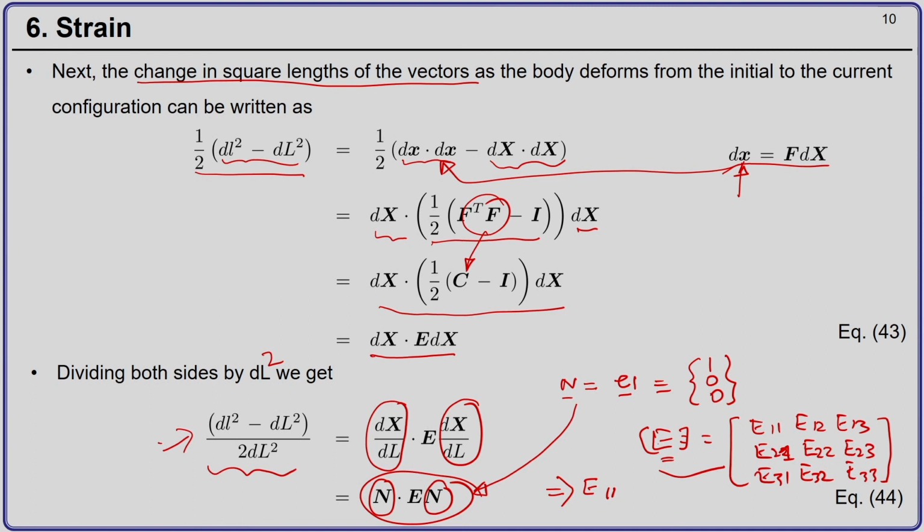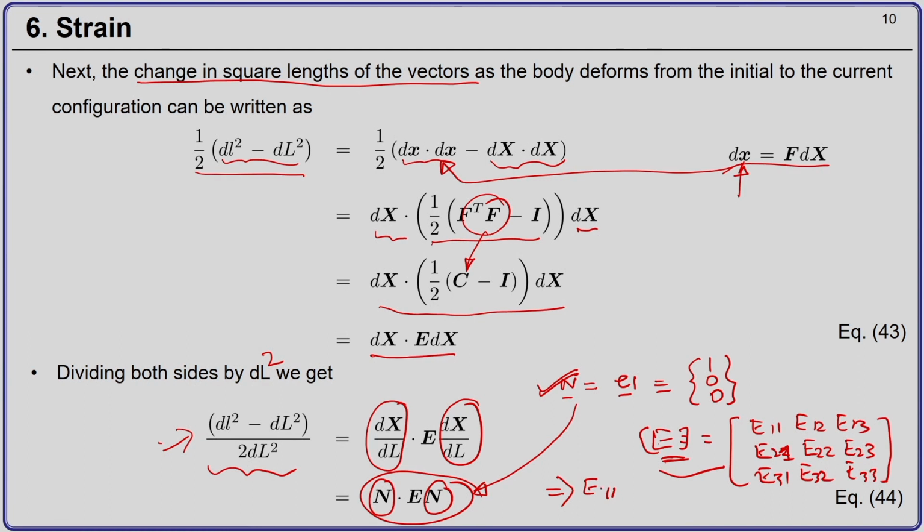So, you can take different N's and you can get the physical meaning of the different terms of the Green-Lagrange strain tensor. Like if you take N as E2, you will get (dl square minus d capital L square) by 2 dL square as E22.